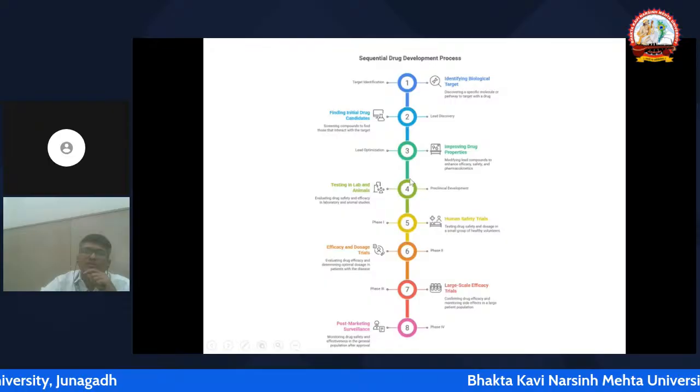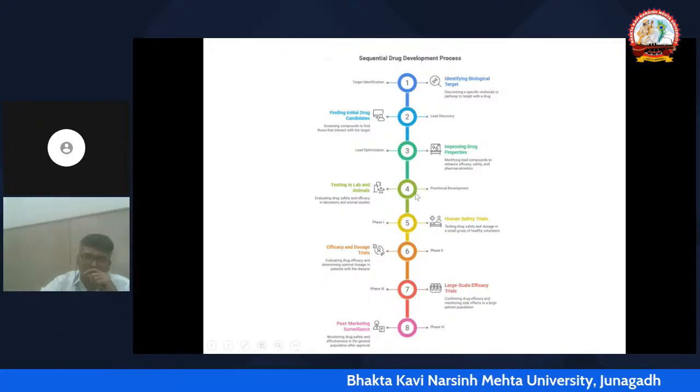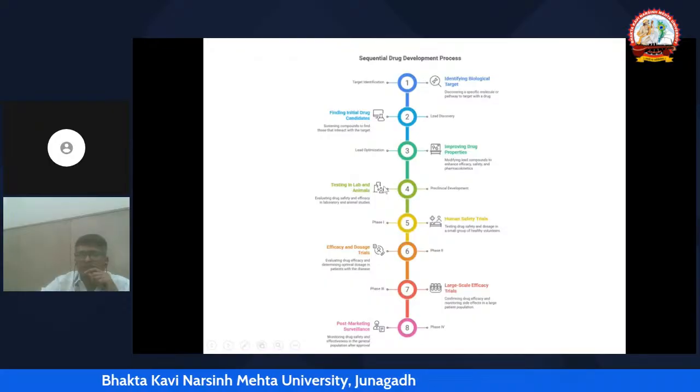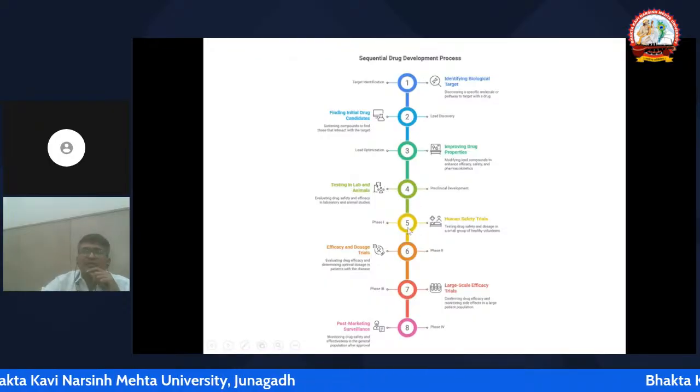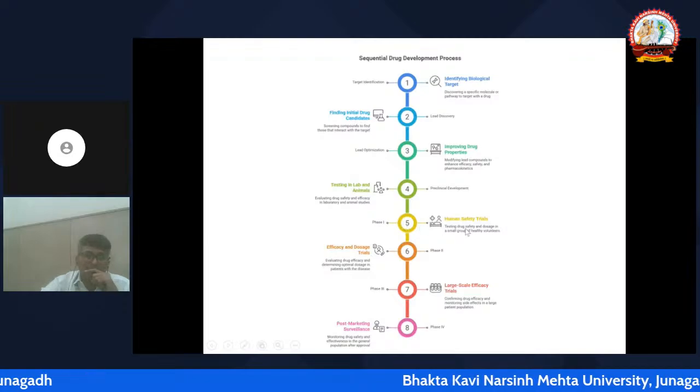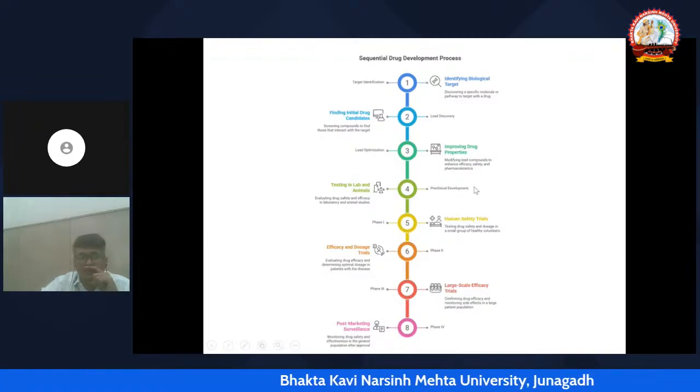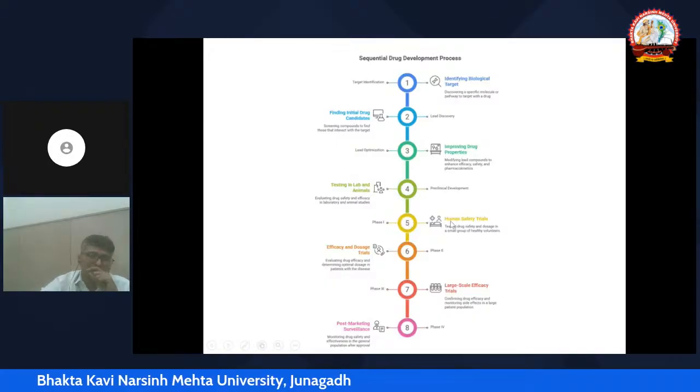After that, the compound is tested in the laboratory in preclinical trials, meaning in vitro and in vivo. If the molecule passes the preclinical tests, it goes for phase 1 clinical trials.